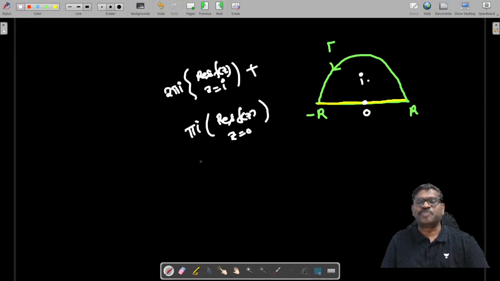Understood? That is the speciality of this problem. Till now, in the problems we have solved, we never got a pole on the boundary. Here we got a pole on the boundary.